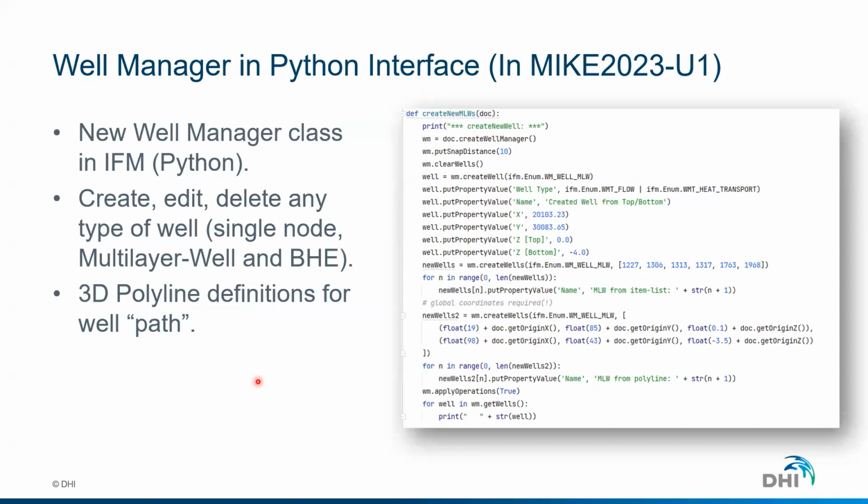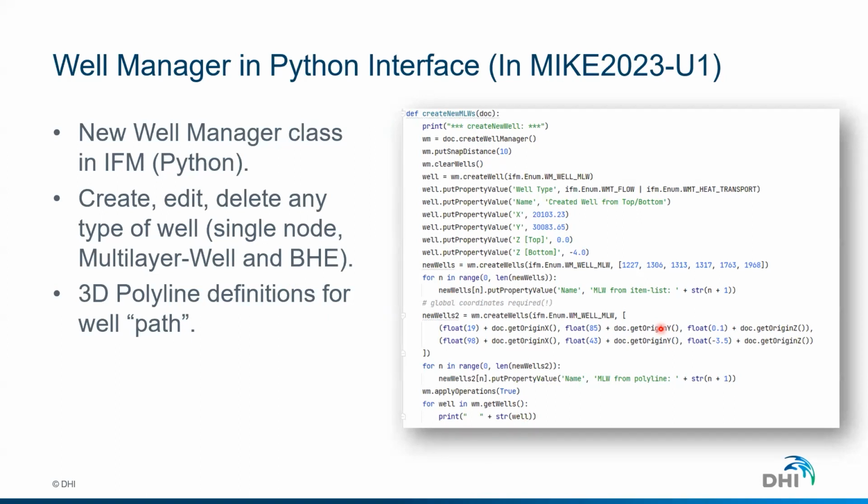Nice for those, we were talking a lot about unstructured meshes in the previous part of the presentation. The other related thing is that you can pass a trace of a polyline, described through tuple information in Python, and the well manager interface in Python will find the target locations for setting the polyline.